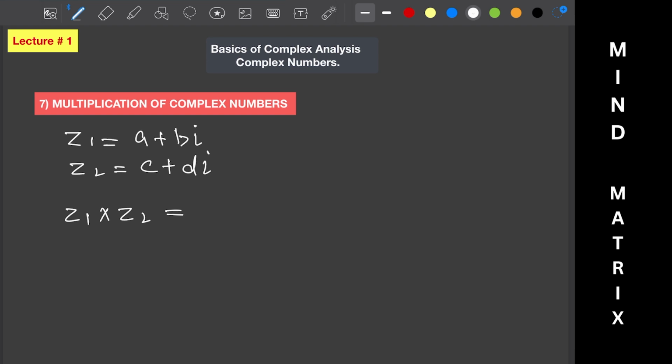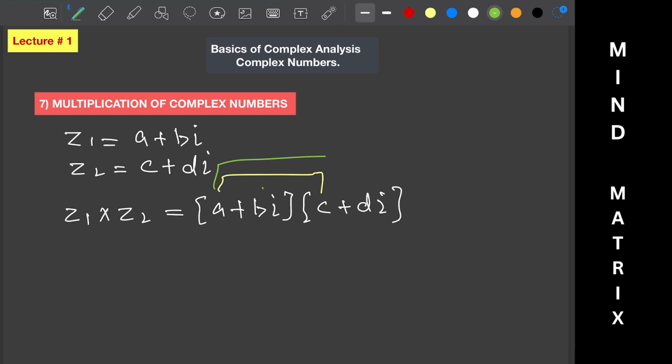So when we multiply these two complex numbers, a plus b iota and c plus d iota, we will use the rule. We will multiply a with c and again a with d, and similarly we will multiply b with c and b with d.